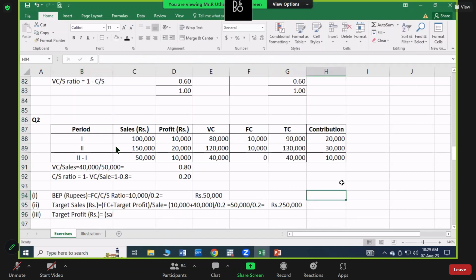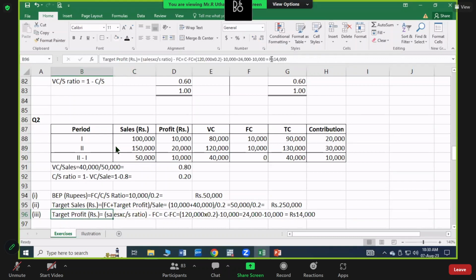So the target profit is obtained like this, 14,000, by having these workings.